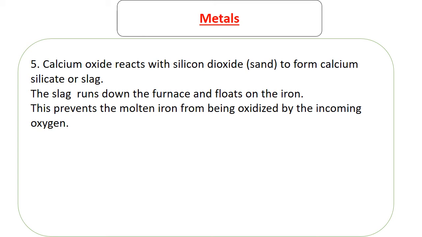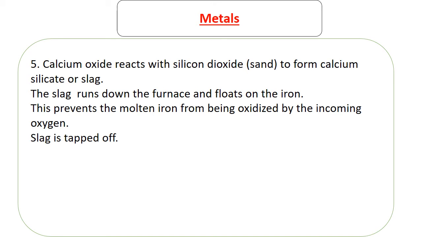Like I said, this is the most ingenious because there are different processes but all leading to one goal. Calcium oxide reacts with sand, it forms slag. In the process, it has purified the iron. Then this slag also covers the iron such that oxygen cannot reach it, meaning that a process where iron reacts with oxygen is prevented.